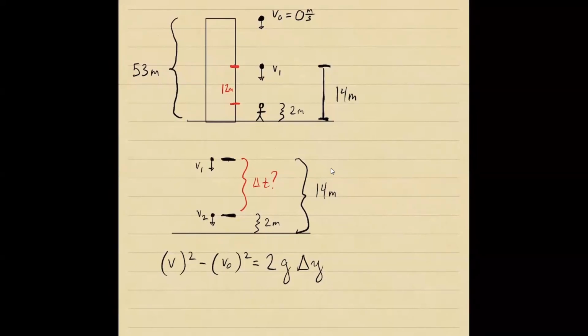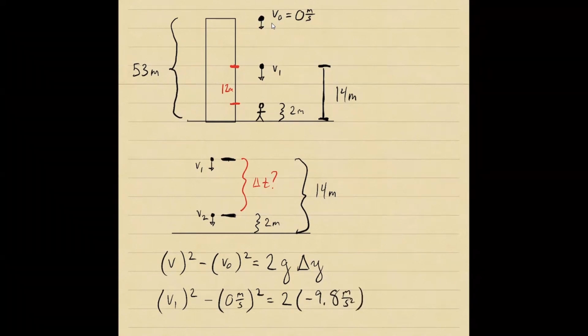So in that case, on the left-hand side, we have v1 squared minus the initial velocity, right? But the initial velocity is just 0 because it's starting from rest up here. So it's 0 meters per second. It's going to be equal to 2 times the acceleration due to gravity, which is minus 9.8 meters per second squared, multiplied by our displacement in the y direction.